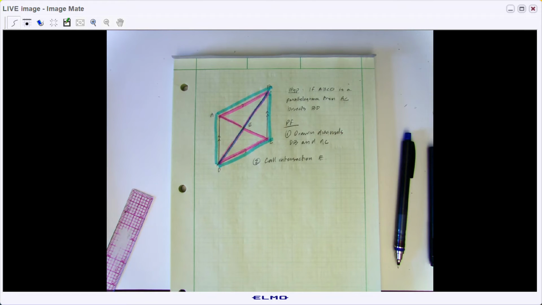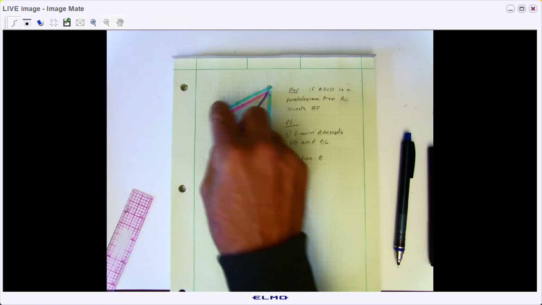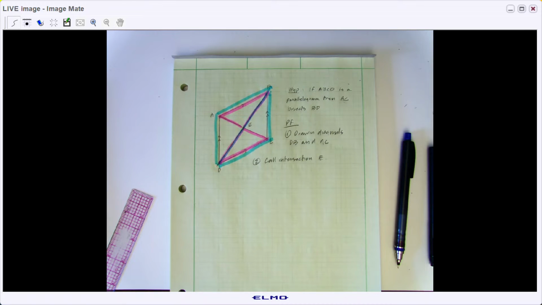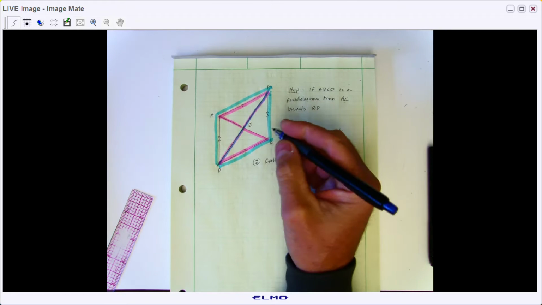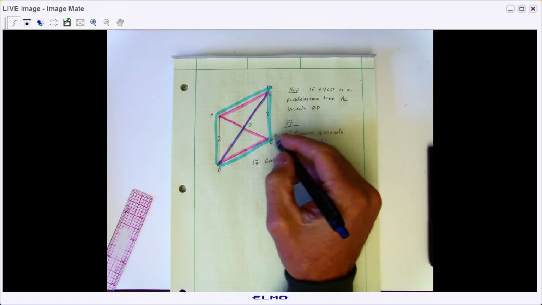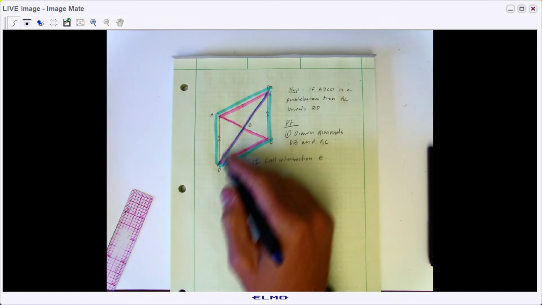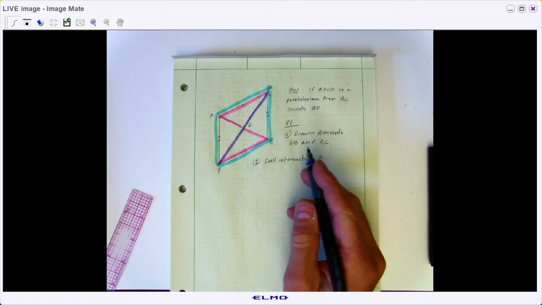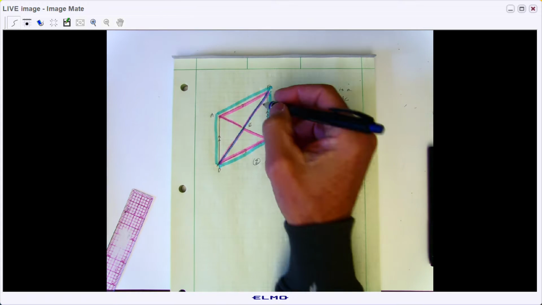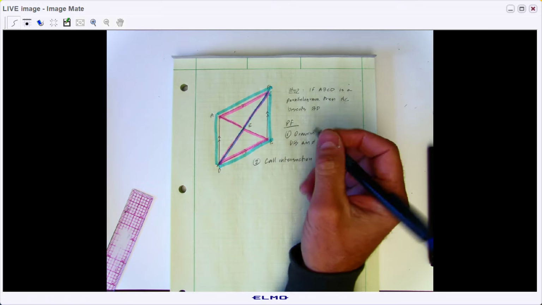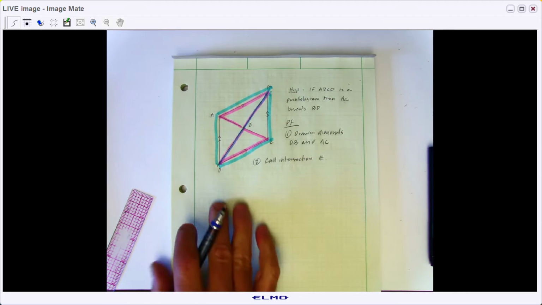If those two triangles are congruent, then this side would be congruent to this side, and this side would be congruent to this side. So I think that's the first subgoal. And it's fairly easy to see how to do that since these are parallel. This line would be a transversal for AB and CD, and if it's a transversal, then alternate interior angles are congruent. So that's what I'm going to go for first.